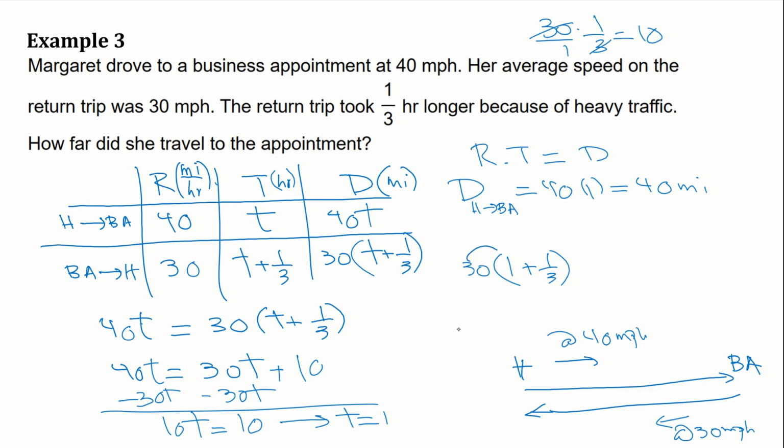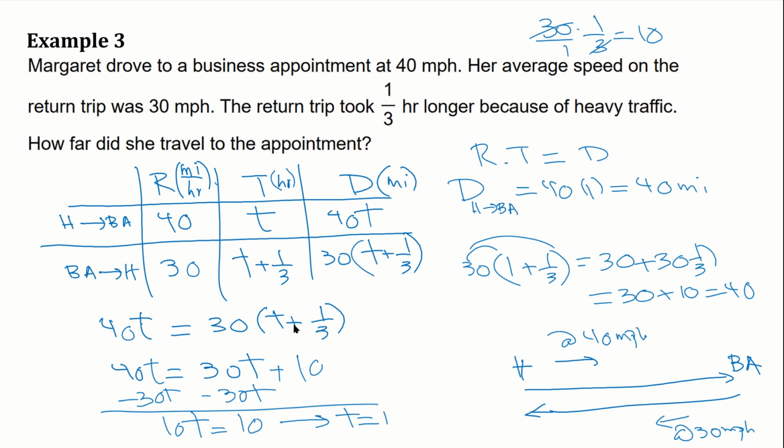I'm just going to use the distributive property. So I get 30 plus 30 times 1/3. So that's 30 plus 10, which is, of course, also 40. So there you have it. Again, always make sure to answer the question that was asked. And watch your signs. Don't make the same mistake that I did.